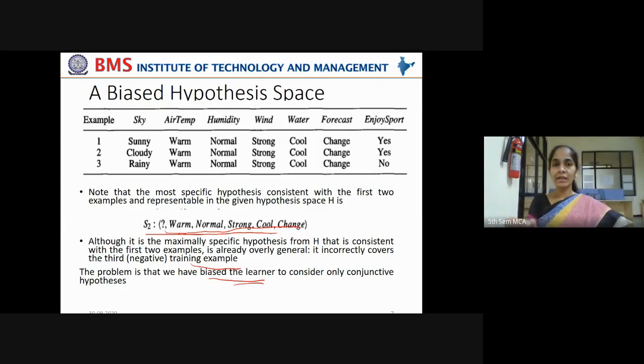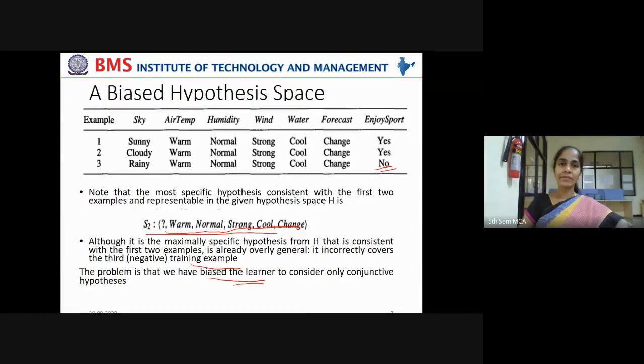We are saying to the learner only when all these together are true, then predict it as yes, or only when together these attribute combinations are true, then predict it as no. But we are not giving it any other alternative than this. That is why we call our learner a biased learner and our hypothesis space a biased hypothesis space.